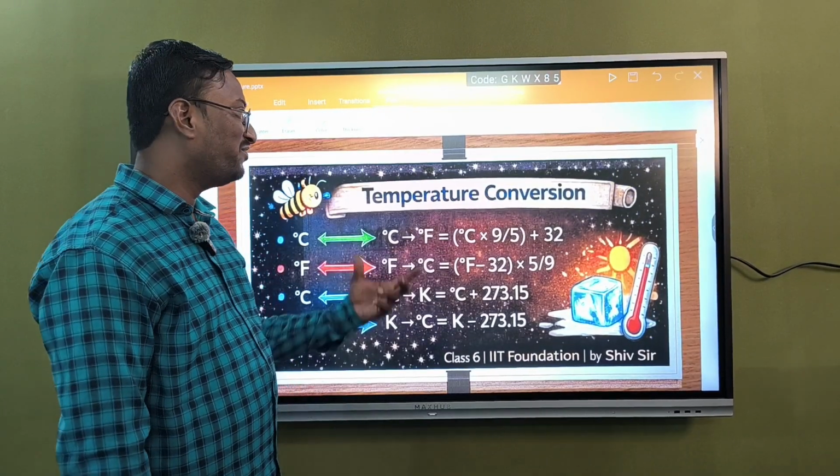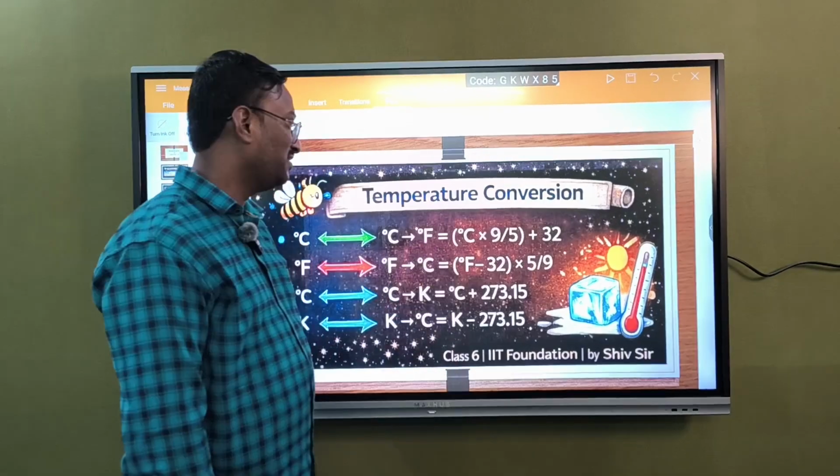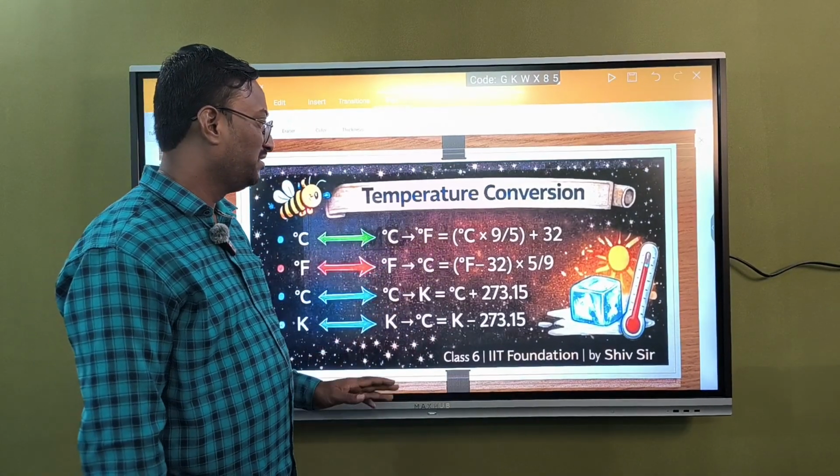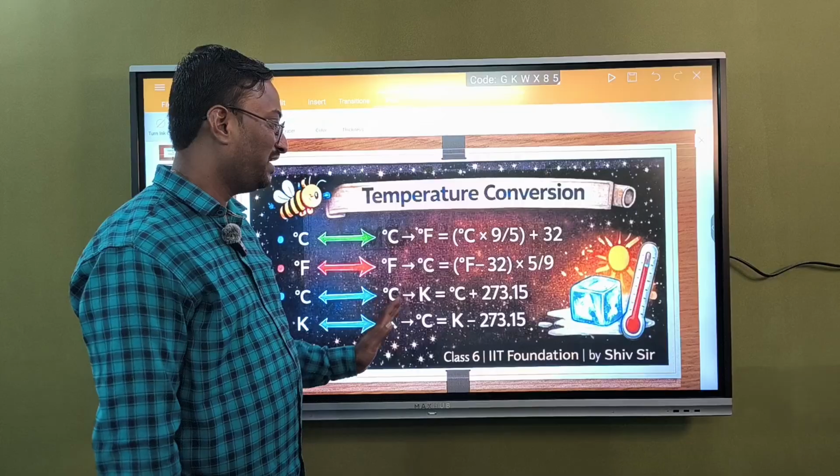Here we got the conversion of temperature from Celsius to Fahrenheit and Fahrenheit to Kelvin, like that.